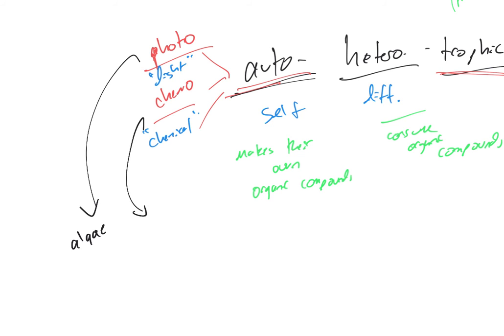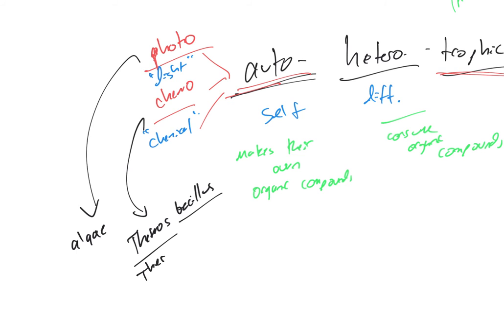And a chemoautotroph would be Thermus bacillus, which is a bacteria. If you remember from genetics, this is where we got Taq. It's used for PCR. They come from the ocean sea vents, so they live off the heat from the ocean sea vents at the bottom of the ocean.